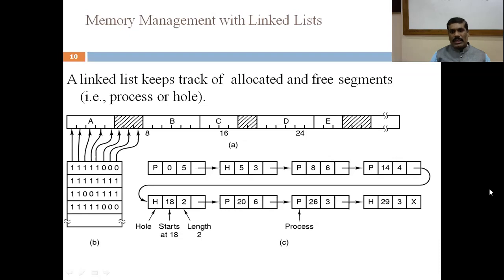Then again E is there, process P, that is 26, size of 3. And the last, H, that hole is there, starting at 29, size of 3, and we are not pointing to the next node, so a cross is there. So the way we are showing the memory in the form of a linked list is shown in diagram C.